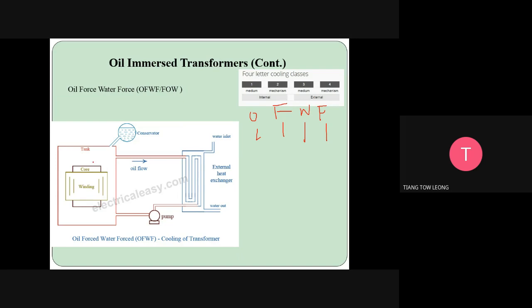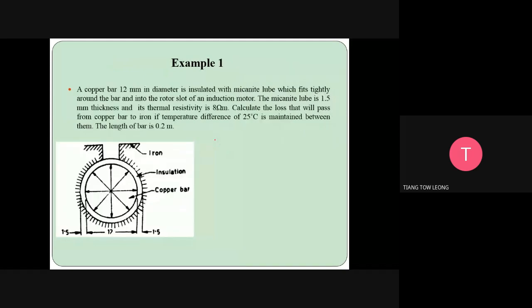Inside the tank is oil, and force means we have an oil pump. Then outside, this will flow into another medium. We use water going in and water going out, so it's a water force. Okay, this is the example.